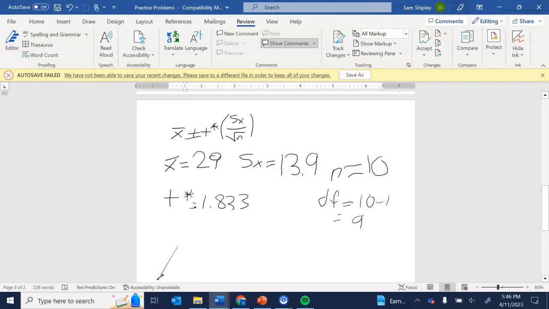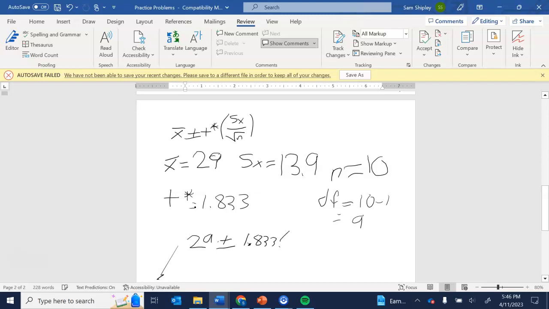Okay, so we got all our values. Now we can just plug those in. So we have x hat, which is 29, plus or minus the t critical value, 1.833.